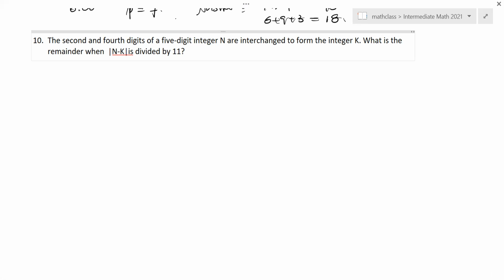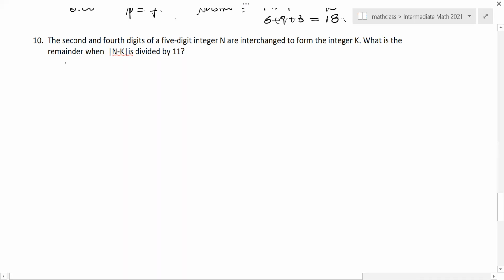So it's a 5-digit number. The second and fourth digits of the 5-digit number are interchanged. You can take a look at an example, then you can answer the question. The original number n equals, let's say, 1, 2, 3, 4, 5.